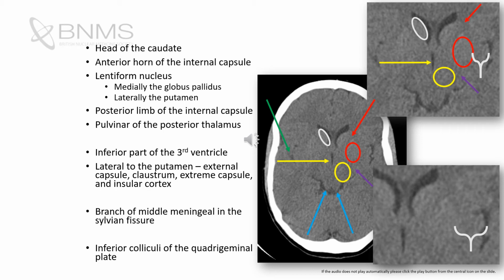The purple arrow indicates the posterior limb of the left internal capsule, and medial to this is the pulvinar of the posterior thalamus. The yellow arrow indicates the inferior part of the third ventricle.